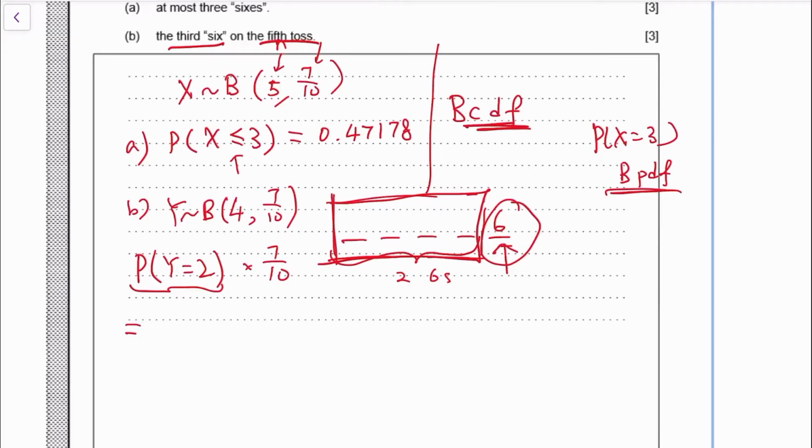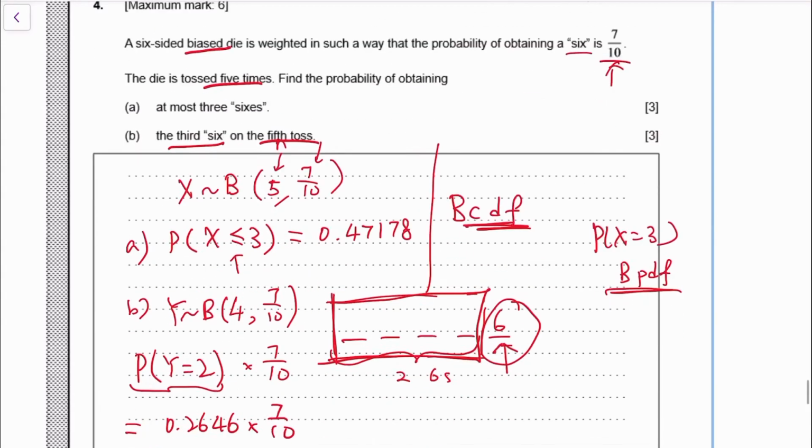So 4, 7 over 10, 2, I got 0.2646 times 7 over 10. I got 0.18522. All right, that's number 4.